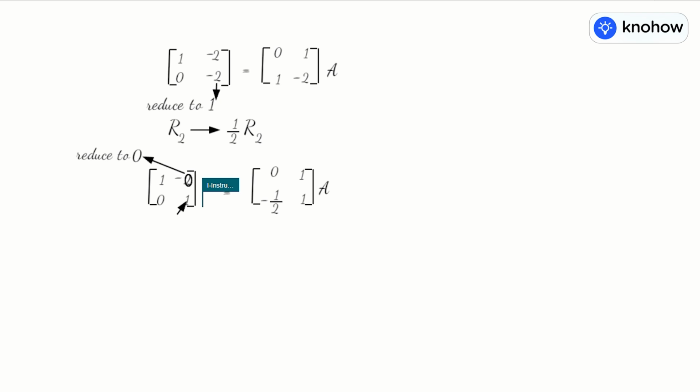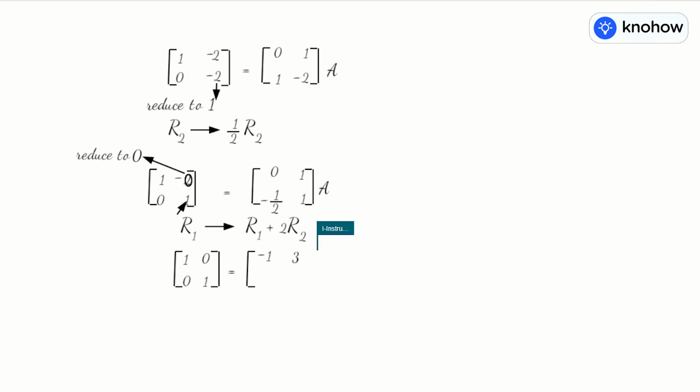To R1 you add 2 times R2. So R1 to be replaced by R1 plus twice R2. So you get 1, 0, 0, 1 is already there. Similarly on the right side, 0 plus 2 times minus half will make it minus 1. The next element will become 3 and the second row will remain intact.